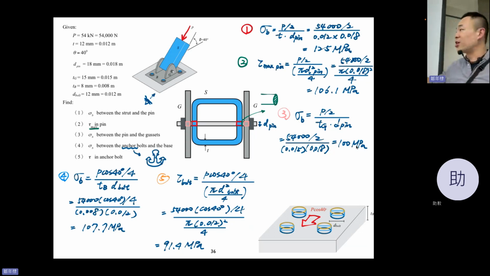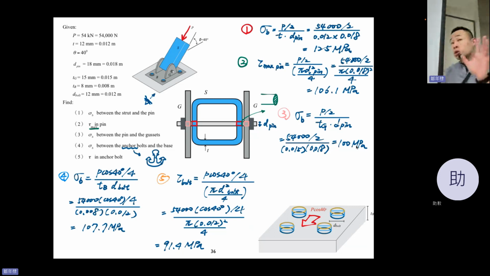So we need to see if they will be broken or not. Okay, so this is quite good knowledge for you. After this course, you may know how to examine what kind of material will break under certain force. Okay, so this is the reason why we need to study this subject, this course.